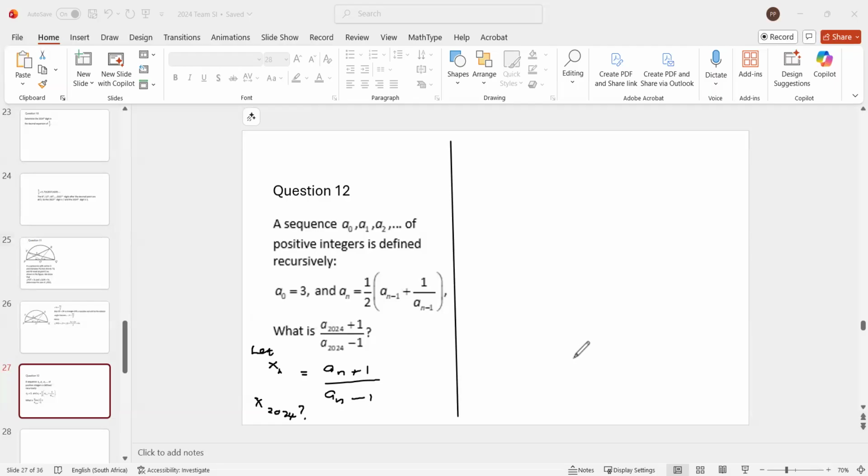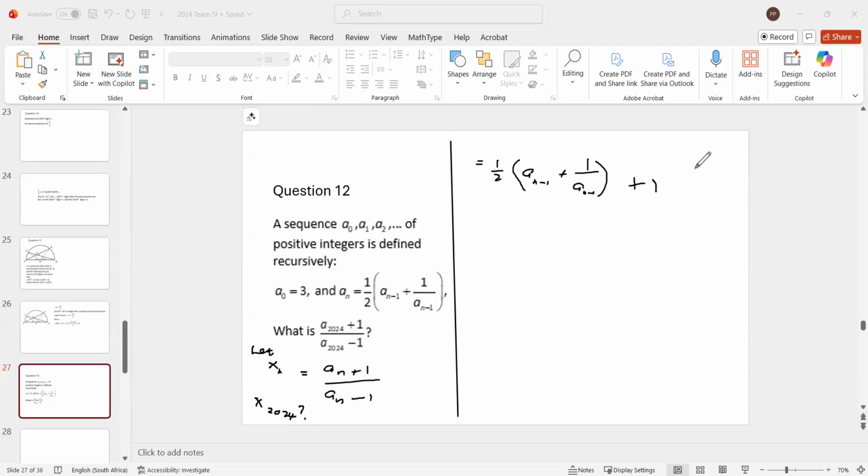So let's give a name to this. Now we can substitute for an, because we have an here. So let's just do that. An is a half, a rather complicated expression, an minus 1 plus 1 over an minus 1. And that's an. I'm going to add 1 to it.